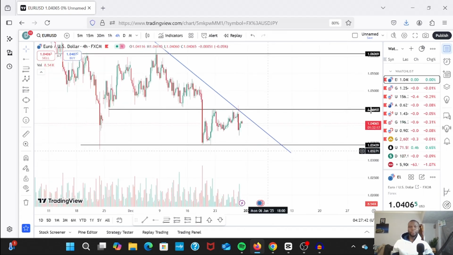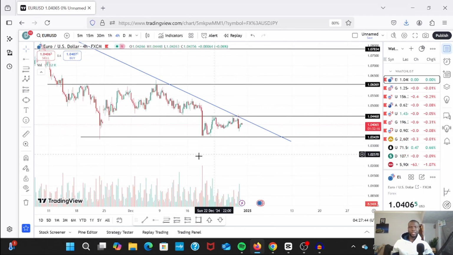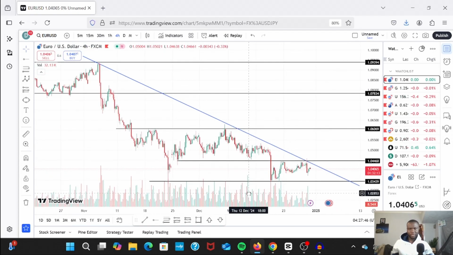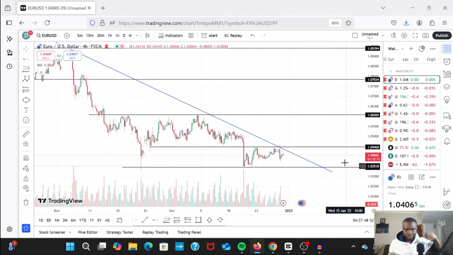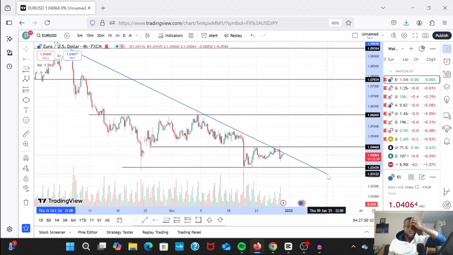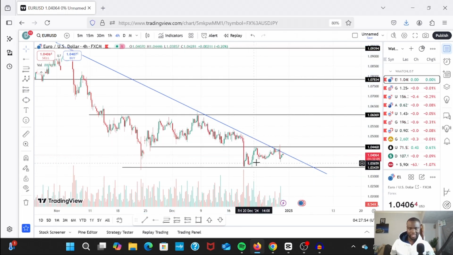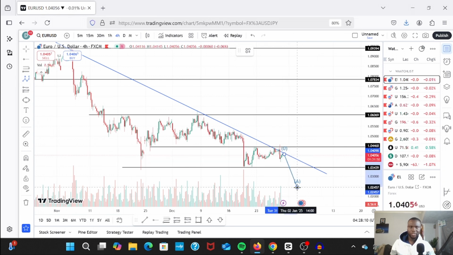So you can see how the market plays out at this point. The trend line is creating a resistance at this point. So at this point, I should be looking for a short, for the market to come towards this place and break down this support.